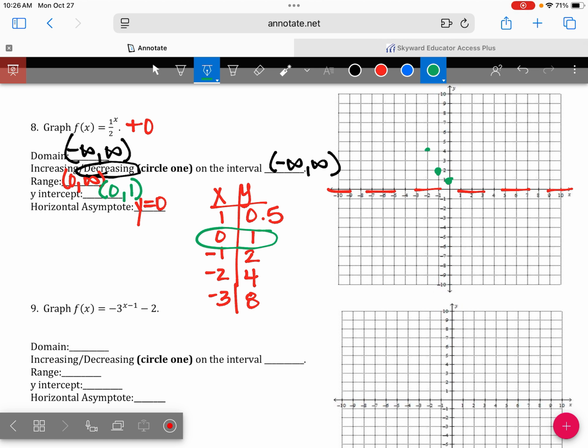At -2, I'm up 4. At -3, I'm up 8. So it's going to come down, hit that last point, and then it's just going to go straight out. So if you trace this graph from the left to the right, you see it's decreasing. You always read a graph from left to right.